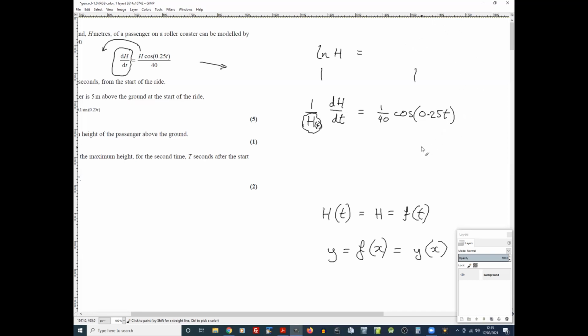The inner is 0.25t. Yeah. And the outer is? Cos. Yeah. Or a 40th cos, however you want to think of it. Because you're only going, basically it's cos. You only need to think basically, don't you? Yeah. So basically the integral is what?